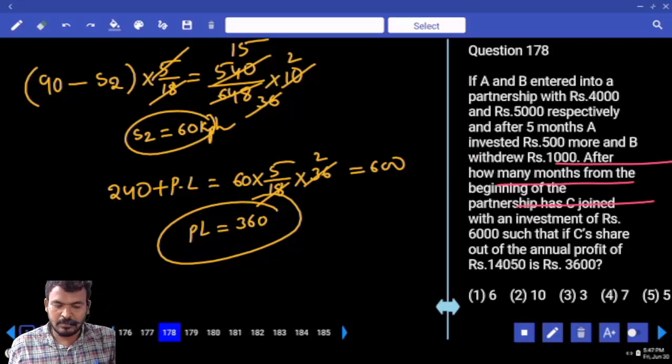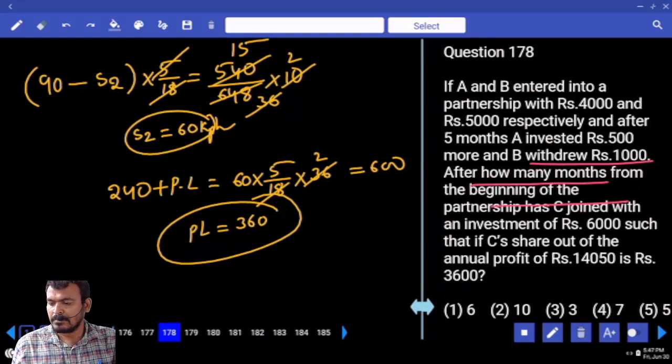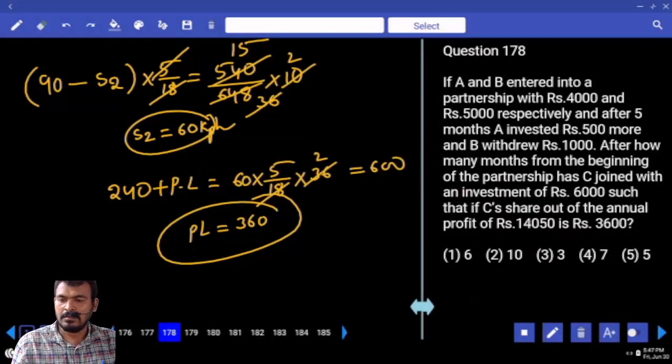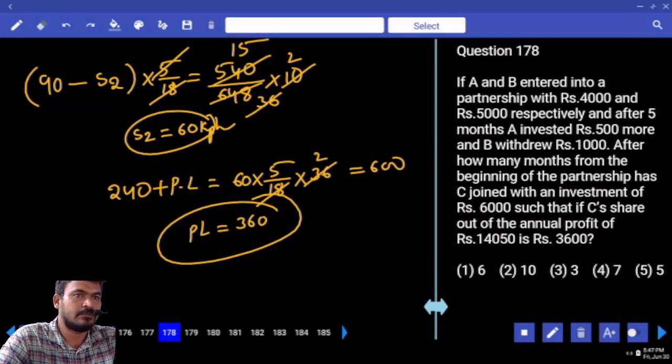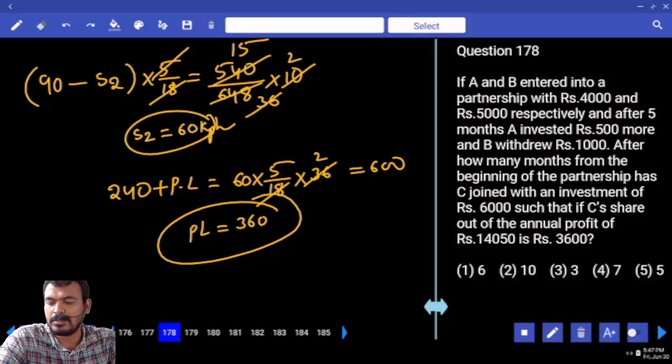Next, question number 178. A and B enter into a partnership with 4,000 and 5,000 respectively. After 5 months, A invested 500 more and B withdrew 1,000. After how many months from the beginning of the partnership did C join with an investment of 6,000, such that her share out of the annual profit of 14,050 is 3,600?